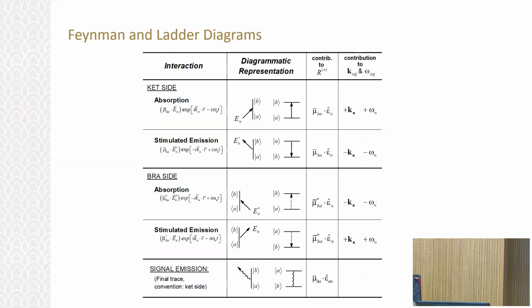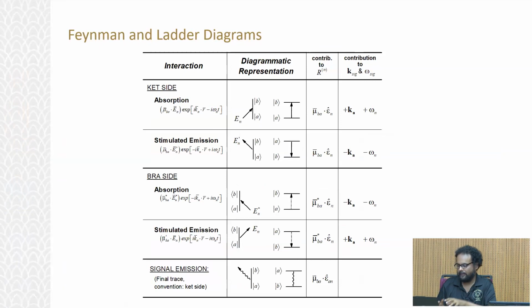Hope everybody can see this. Maybe it's small, but you can kind of see this is a simple one field interaction, a two-level system, and what you can see is that if I have an absorption event happening and acting in this direction, it's going towards the arrow and raising.